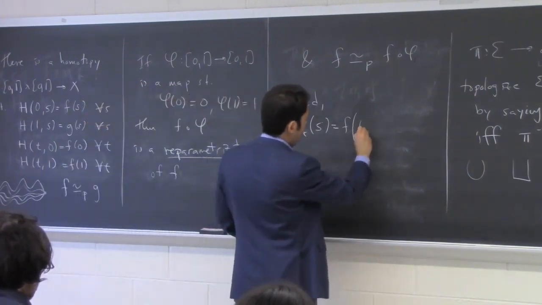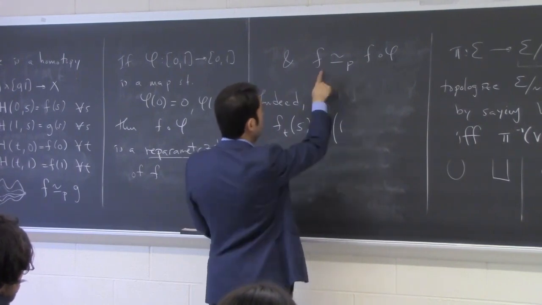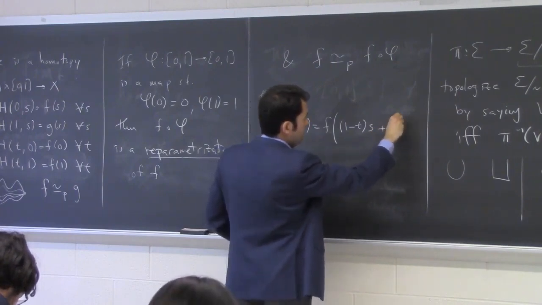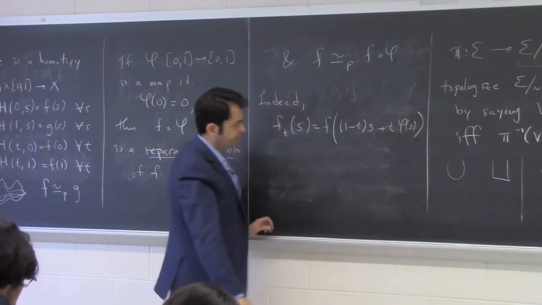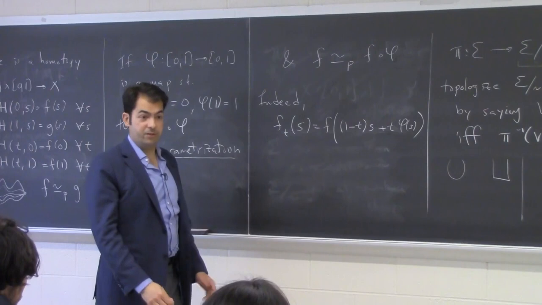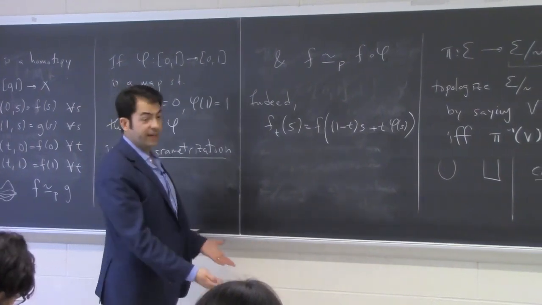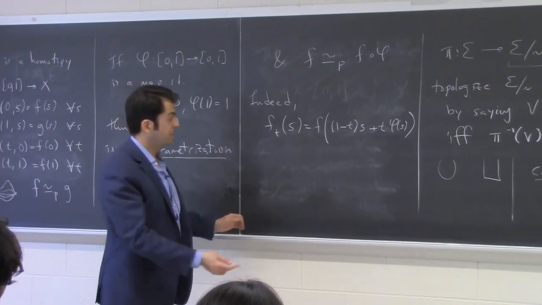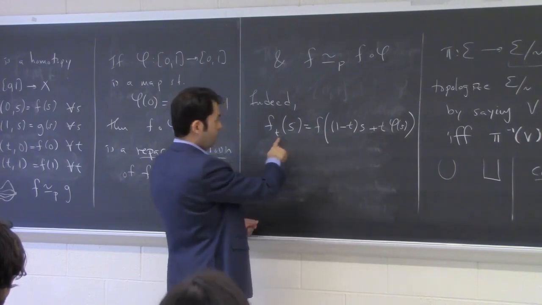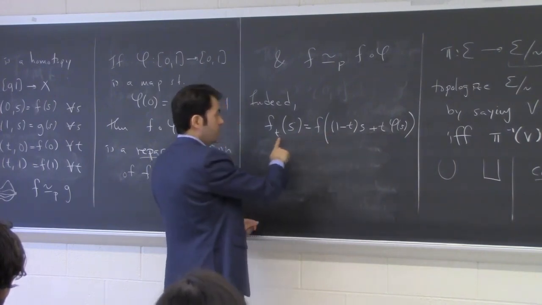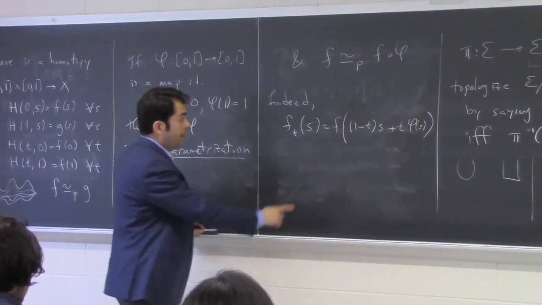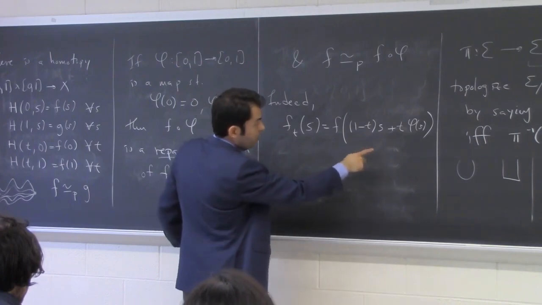When t is equal to 0 I want it to be the identity, so you do that, and then t phi of s. What we're using is that on R^n I have addition, and the square is convex, so if I take a convex combination, I stay in the square. This is continuous and does what I need: when t is equal to 0, it's f of s, and when t is equal to 1, it's f composed with phi. That worked out great, so let's do that some more.